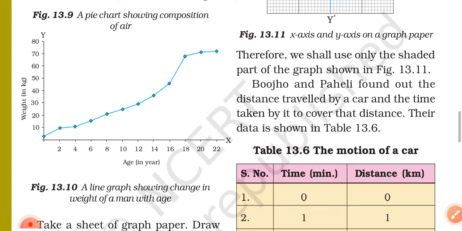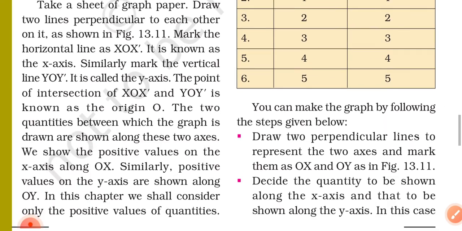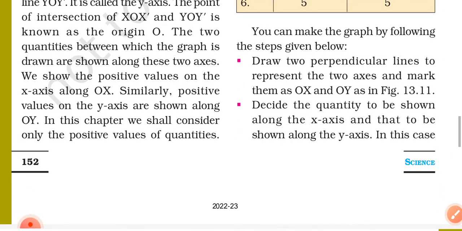Bojo and Paheli found out the distance traveled by the car and the time taken by it to cover that distance. Their data is shown in Table 13.6, the motion of a car. You can make the graph by following the steps given below. Draw two perpendicular lines to represent the two axes and mark them as OX and OY as in Figure 13.11.